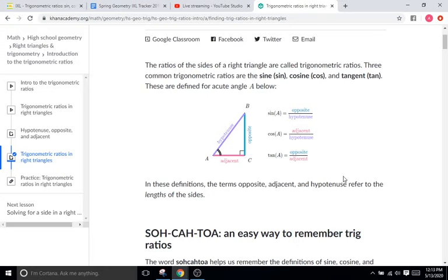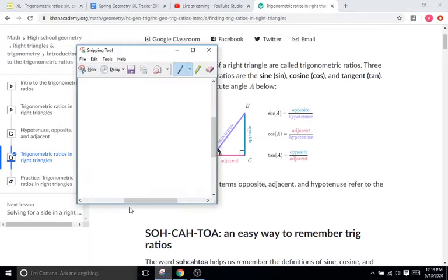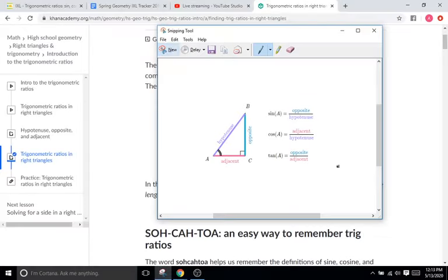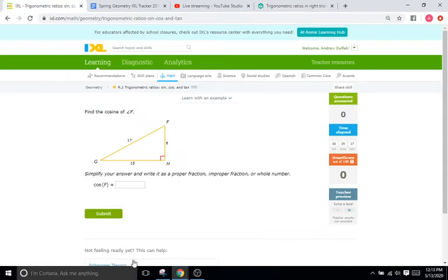If it asks you to find the sine of a certain angle, then you're going to find the opposite of wherever that angle is, and then put it over the hypotenuse of the triangle, and then have your ratio done. That's just an example. So we'll use this diagram for this IXL.